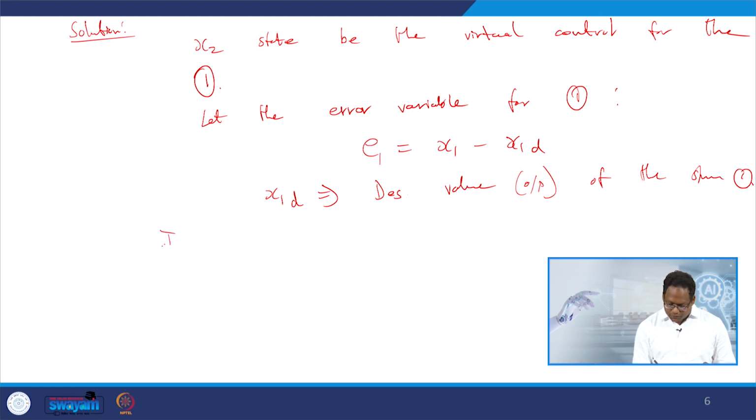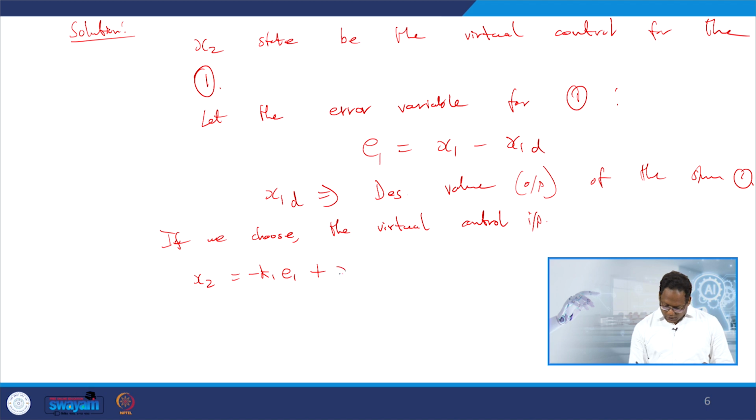And if we choose the virtual control input as x2 equal to minus k1 E1 plus x1d dot, then subsystem 1 becomes E1 dot equal to minus k1 times E1.